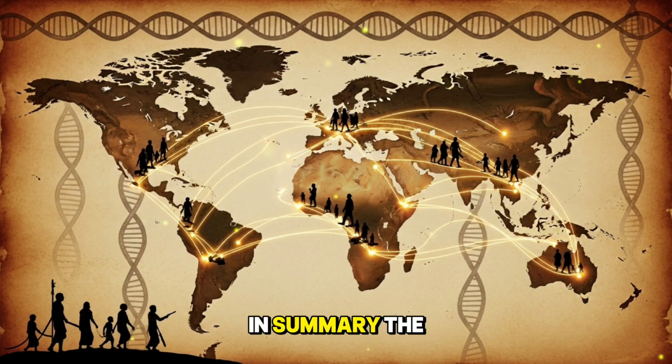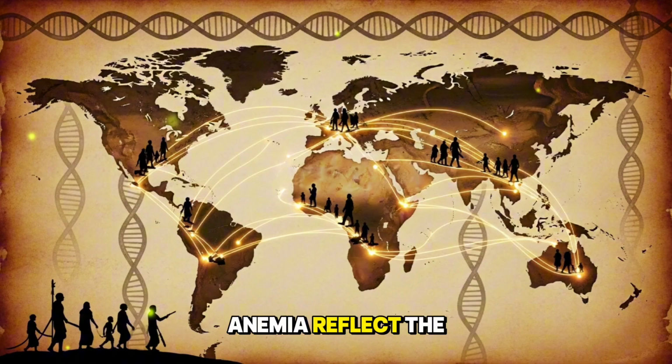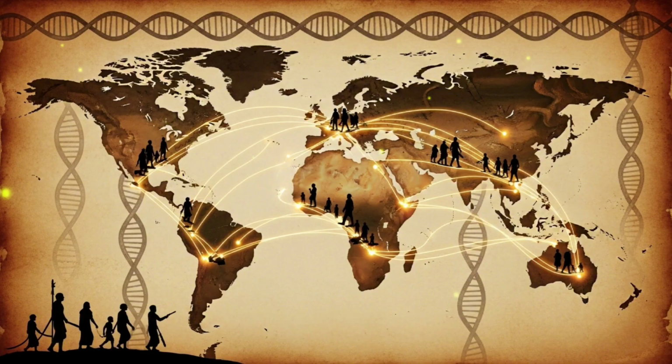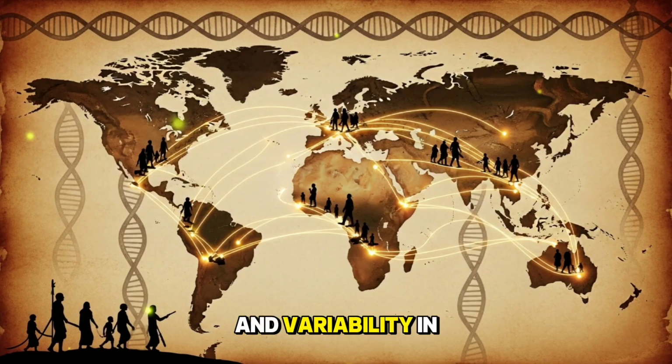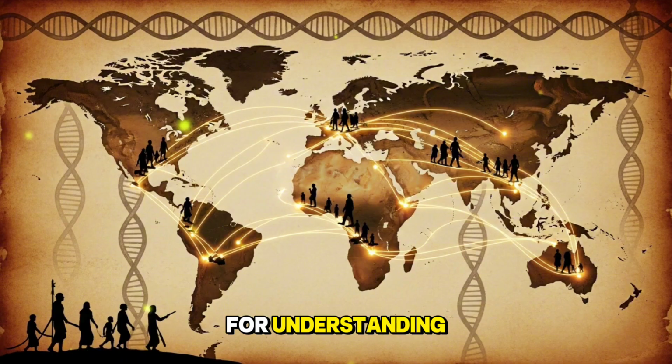In summary, the physiological consequences of sickle cell anemia reflect the combined effects of hemoglobin, polymerization, restricted blood flow, and variability in genetic modifiers. This framework provides the biological foundation for understanding how the condition influences health across diverse environments.